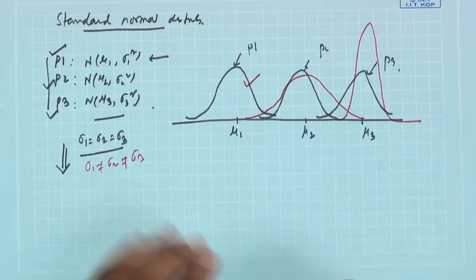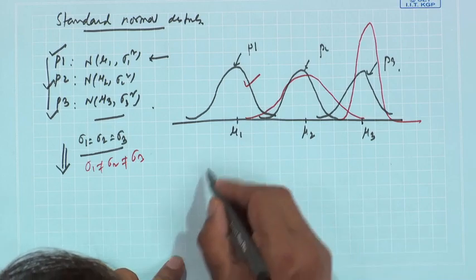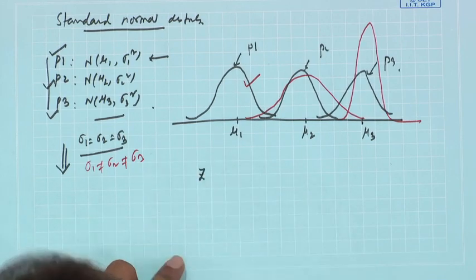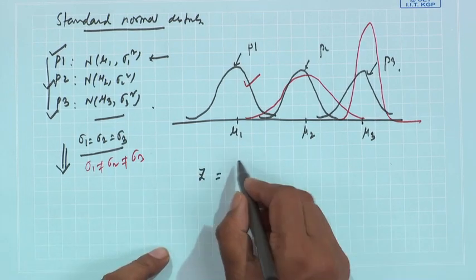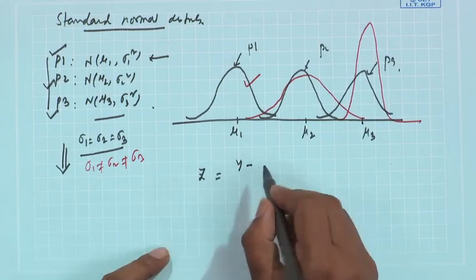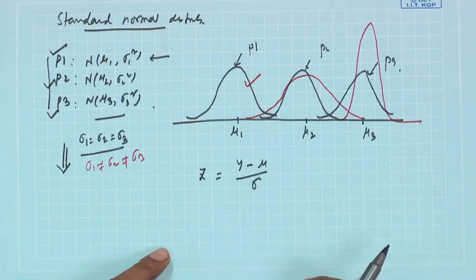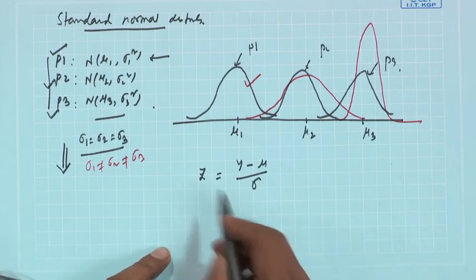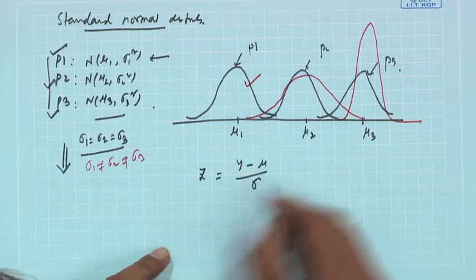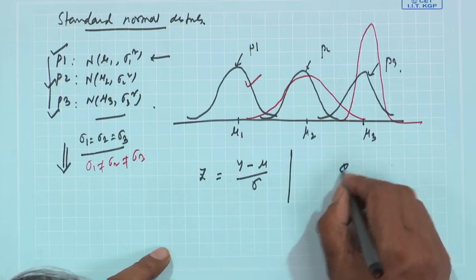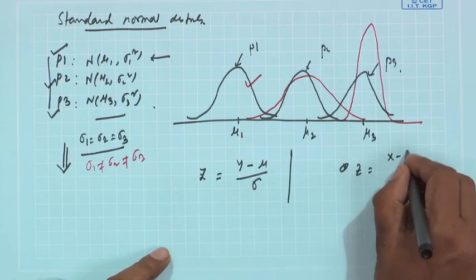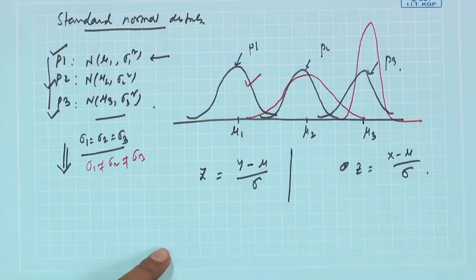What is this standardization? Suppose I create another variable which is y minus mu by sigma. If y is my random variable, or if x is my random variable, then you can say x minus mu by sigma.